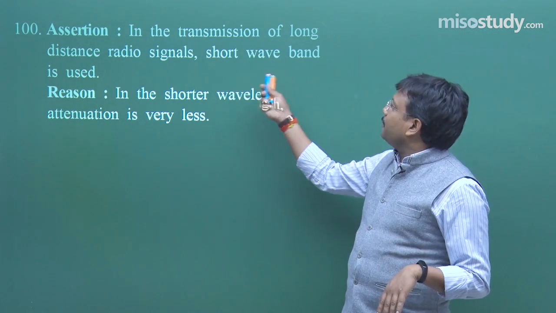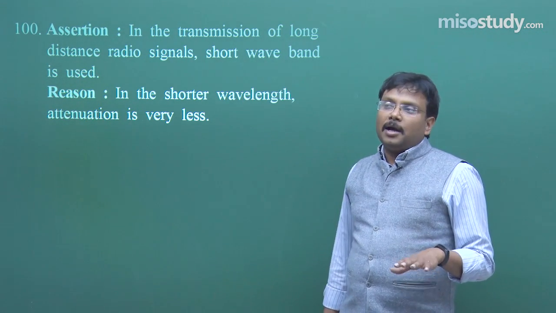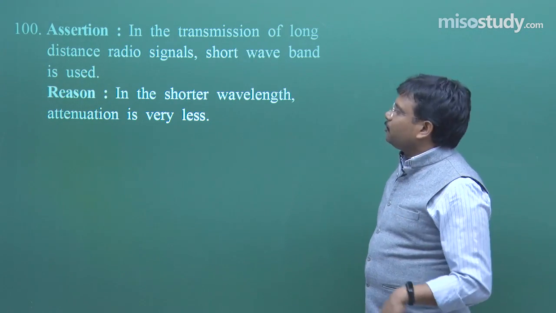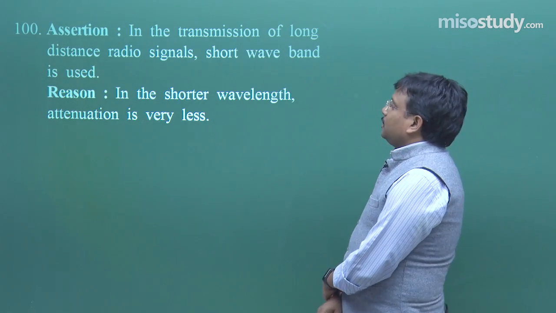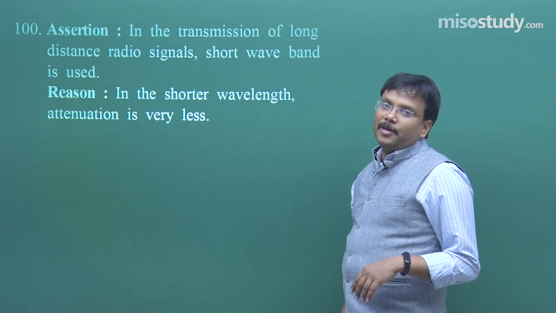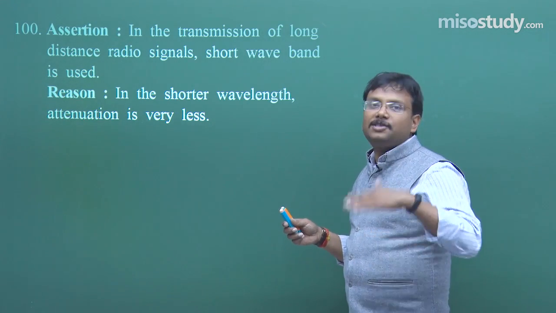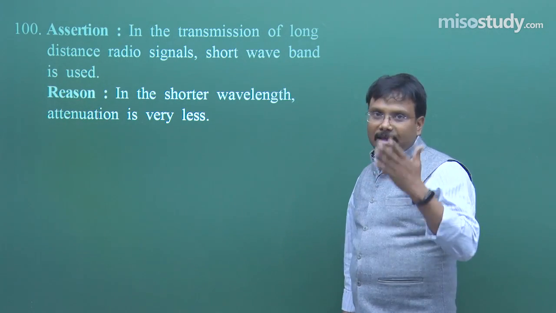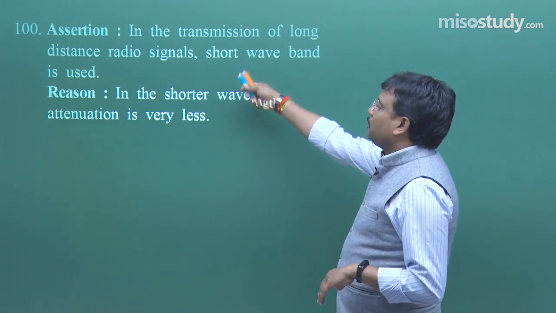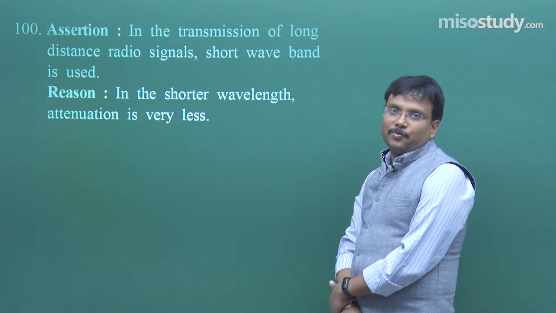So, short wave is what is used over here and the energy is more, fine. So, they travel more distances. In the shorter wavelength, attenuation is very less. Wavelength is short, energy is more, so attenuation is less. So, both are true, and it is also explaining the first one, fine.